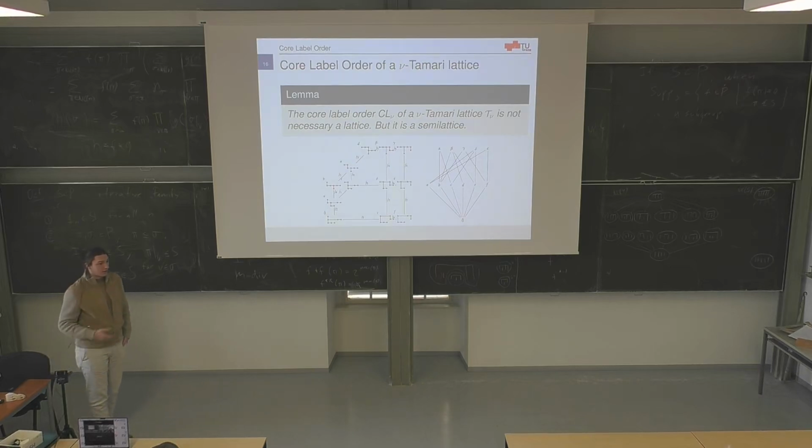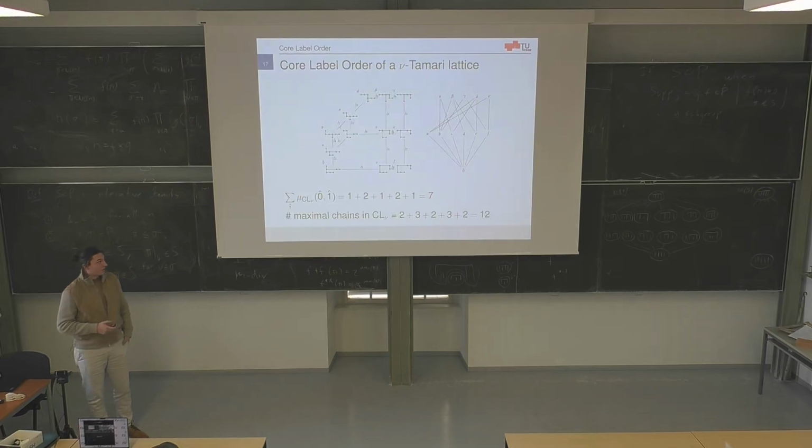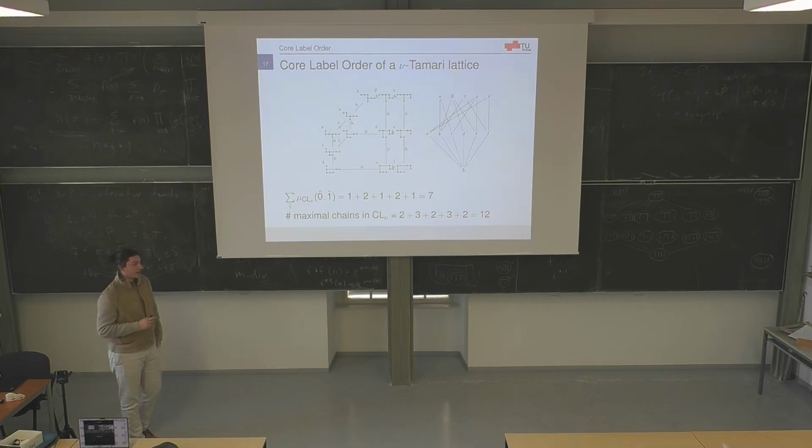And what I'm doing now, to remind you, is that we want to compute Möbius functions. So let us do the same again. I'm computing the Möbius function between the bottom element and one top element.